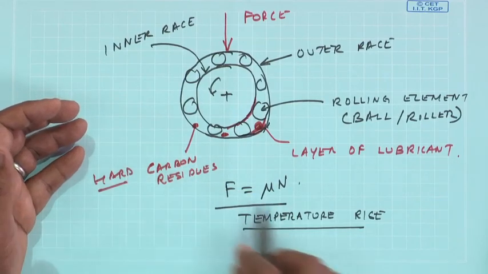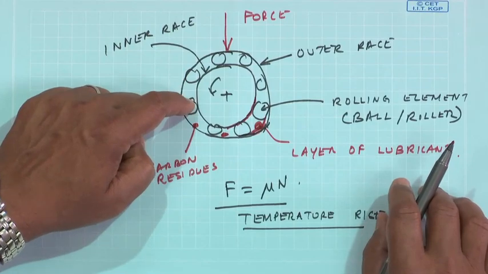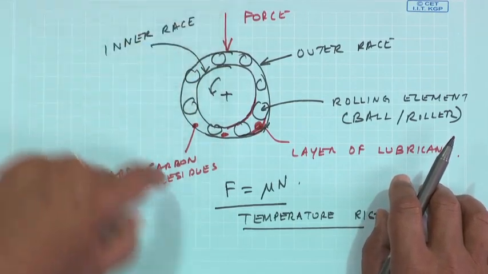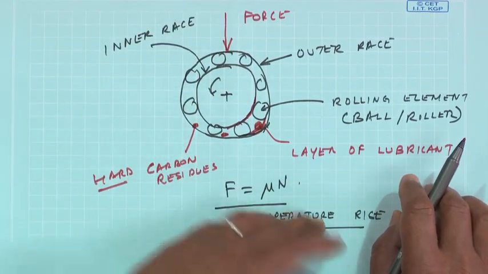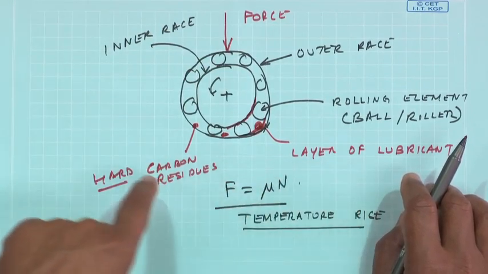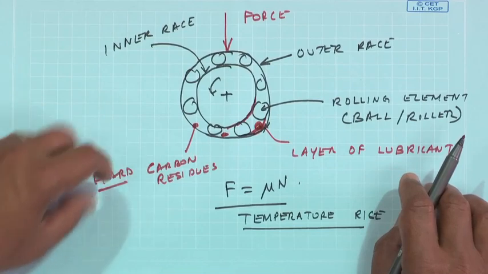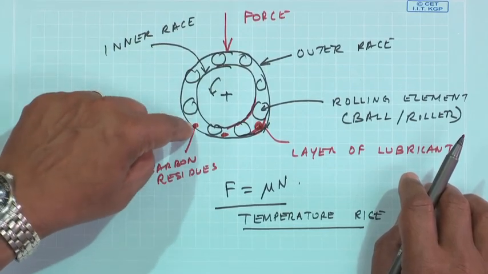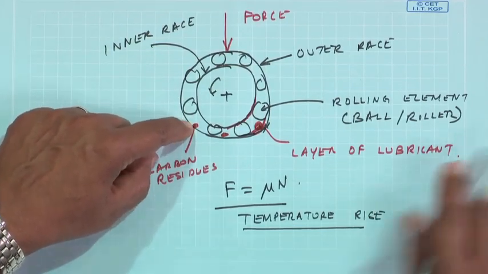So, imagine in your rolling element bearings, because of an unbalanced force, the temperature rose, nobody noticed it. The lubricant baked, nobody noticed it. Lubricant became hard impurities.